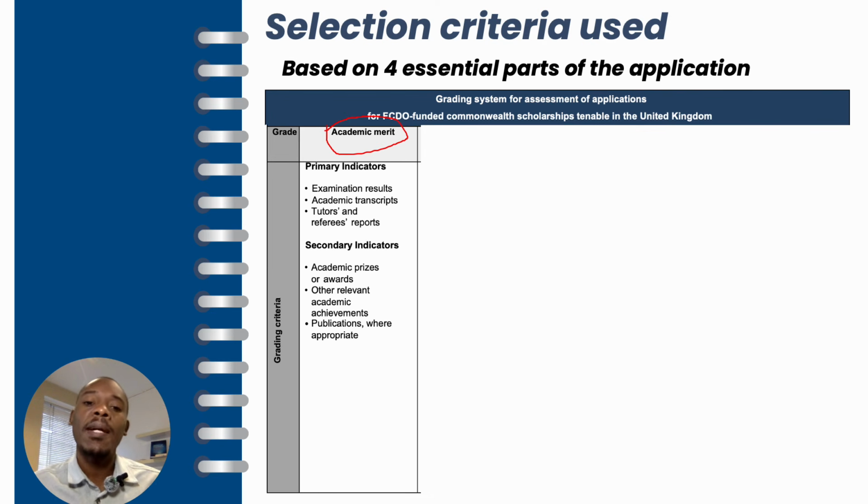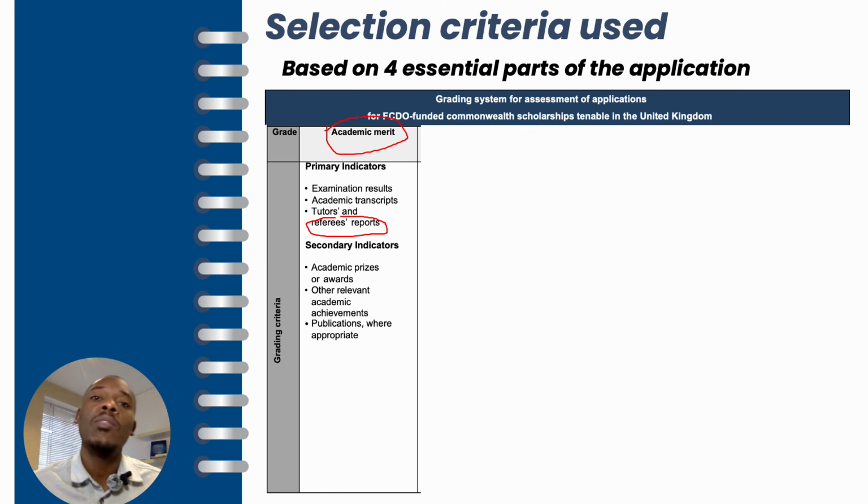For the references, again, the references are also considered to be a primary indicator. So ensure that the references, at least 2 or the 3 references that you're going to include, are also comprehensive. They should give detailed information on why you qualify for the scholarship, how long they have known you, in what capacity they have known you, and how you're going to contribute once you get awarded.